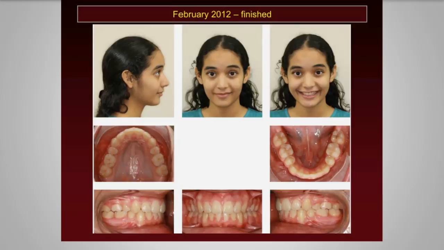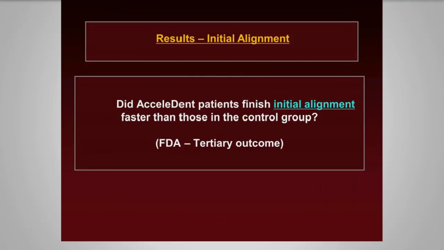For resident treatment, quite well. Of course, you cannot compare resident treatment with the practitioners, but she finished quite well in terms of time, and she ended up being, at the AAO meeting 2012, selected as the best treated resident case in the country at that time. Just an example that we don't have to have homogeneous initial malocclusion in a sample of patients when we focus on one tooth only.